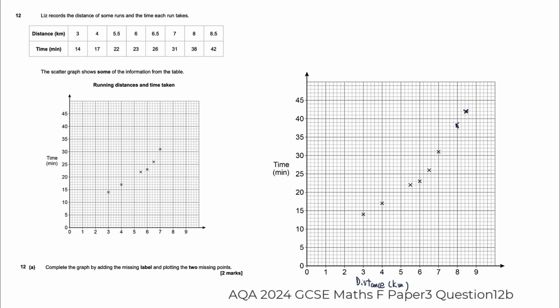So let's look now at part B. And here we have to describe the correlation shown in the scatter graph. That's this scatter graph. What type of correlation is it, and what's the strength of the correlation? Well, let's have a wee recap of what types you can get and what strength of a correlation means. So here's a little table showing you this.